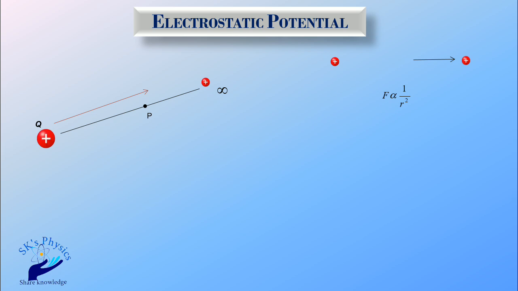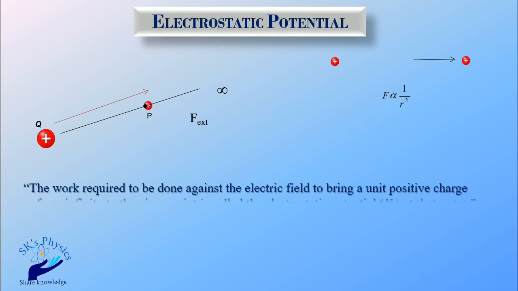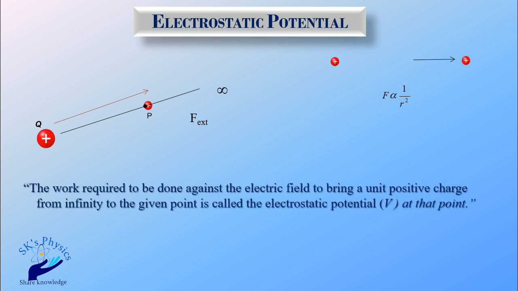So we have to apply an external force to bring that charge to point P, and that work done is the potential at point P. The work required to be done against the electric field to bring a unit positive charge from infinity to a given point is called the electrostatic potential at that point. That is our definition of electrostatic potential.